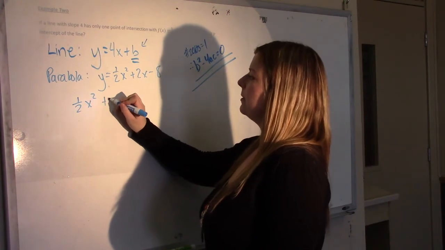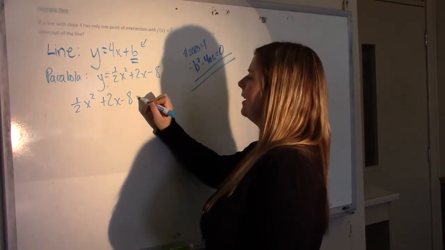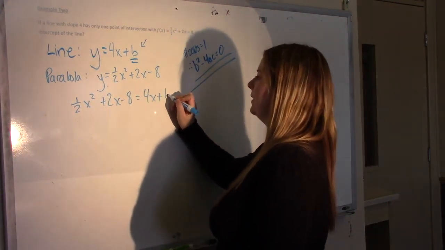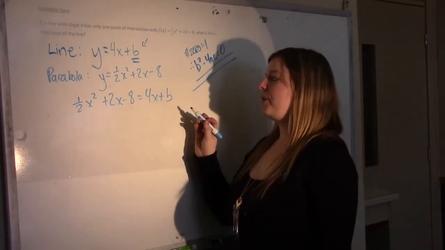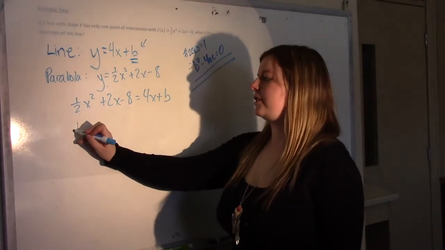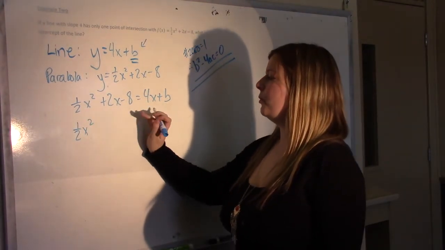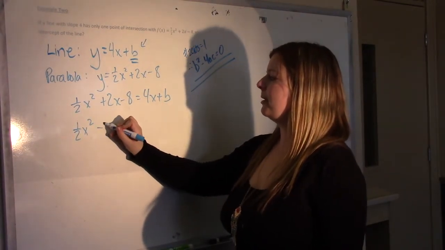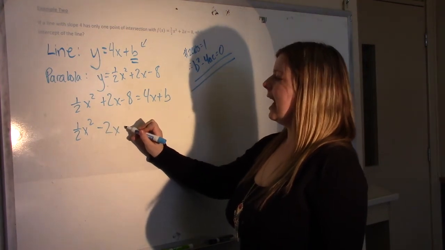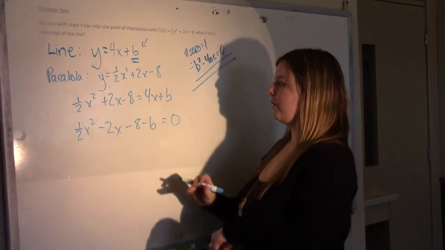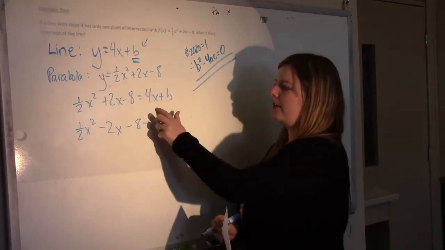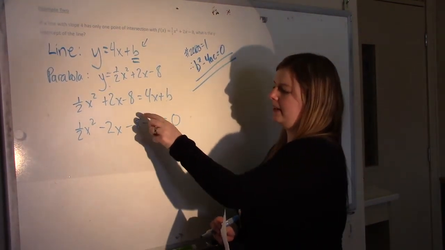So half x squared plus 2x minus 8 equals 4x plus b. We're setting up their intersection. If we were actually going to solve this intersection, we would move the 4x over here, so it would be minus 2x, and it would be minus 8 minus b, because to get this plus b on this side, we would have to subtract b.